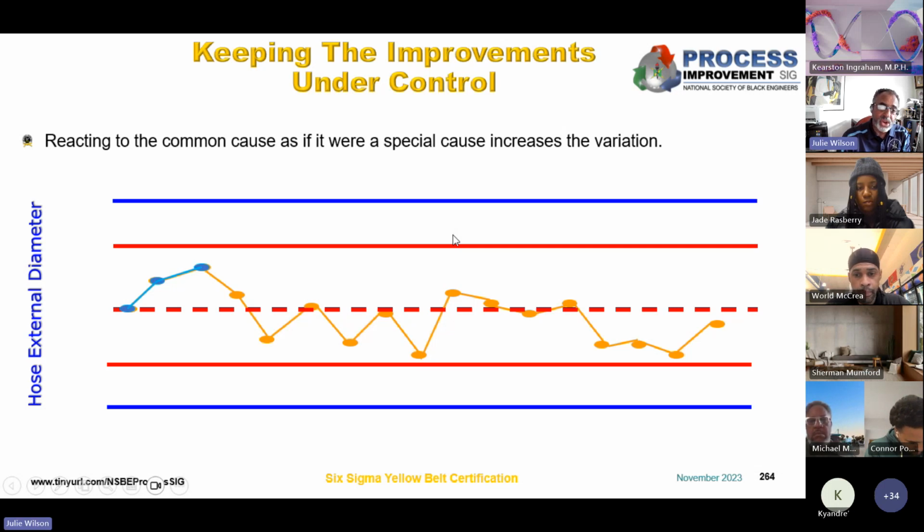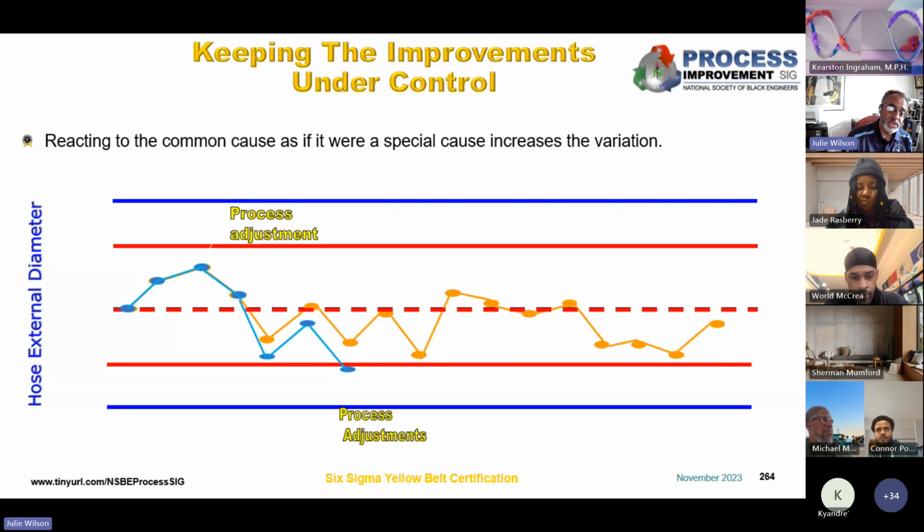Follow the blue line now. After here, somebody makes a process adjustment. Why? Because they saw 3 data points trending upward. So they made a process adjustment to bring the process back down, which results in this. Now they see, oh no, the process is trending downward, I need to make an adjustment. So they make a process adjustment, and now the process goes back up. So they say, oh no, the process is trending upward, I need to make a process adjustment.